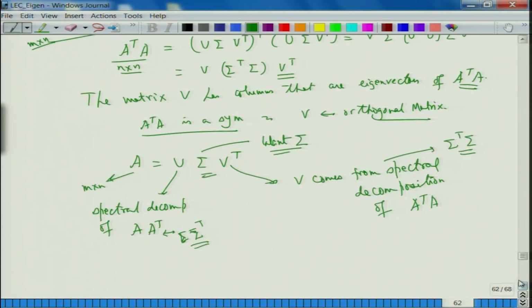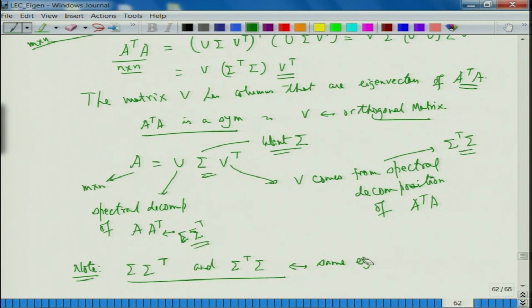Fine. So, what we are seeing here is that sigma sigma transpose and sigma transpose sigma have the same non-zero eigenvalues, and the non-zero eigenvalues are the same and have the same multiplicity.